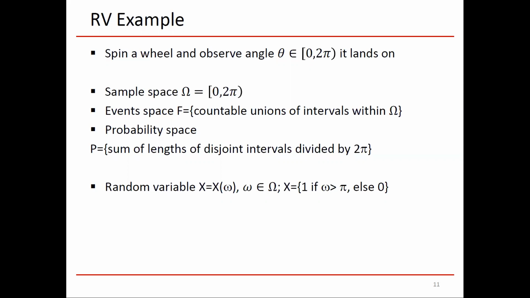All these things, because we have closure to complement, closure to intersection, closure to union, can be supported. They're all analogous, okay? So we're just going to have a countable union of intervals. Now the probability is going to be the sum of the lengths of the disjoint intervals divided by 2 pi. Now recall, we have a countable union of intervals.